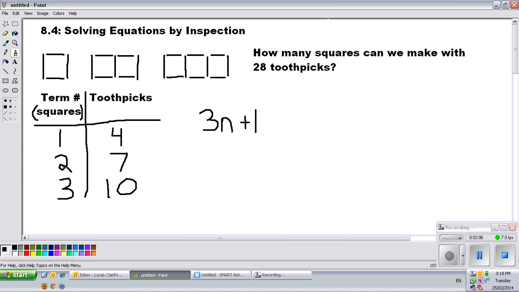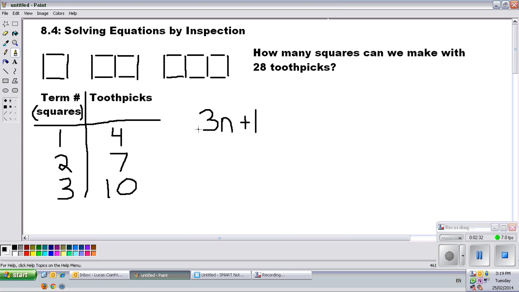In our second term number, or with two squares, 3 times 2 is 6, plus 1 is 7. And we do have 7 toothpicks here. And in our third term number, or with 3 squares, 3 times 3 is 9, plus 1 is 10. And we do have 10 toothpicks in our third term.